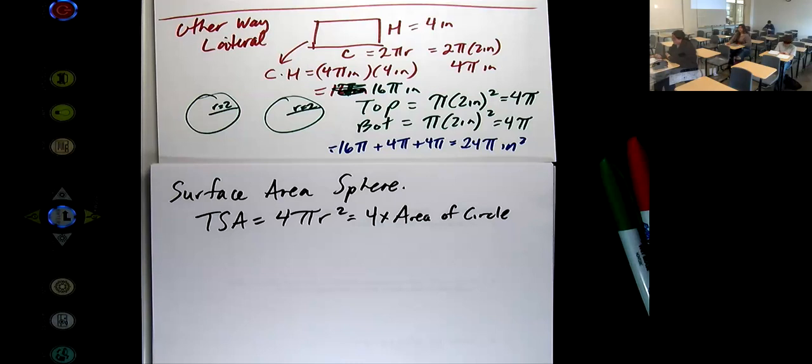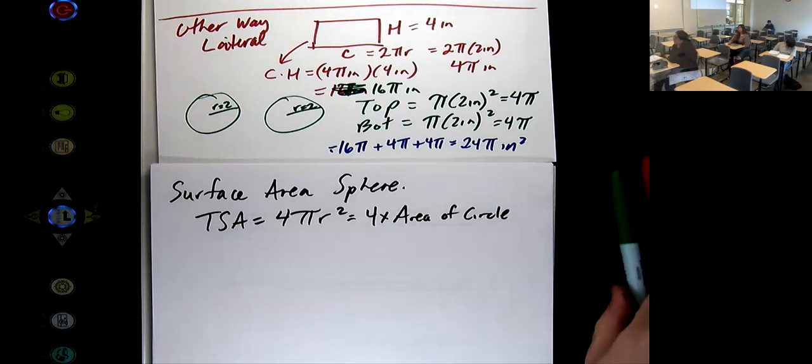So what was the circle we did a little while ago? We had a 3 foot earth ball. Did I say 3 feet or did I do 2 feet? I did 3 feet.